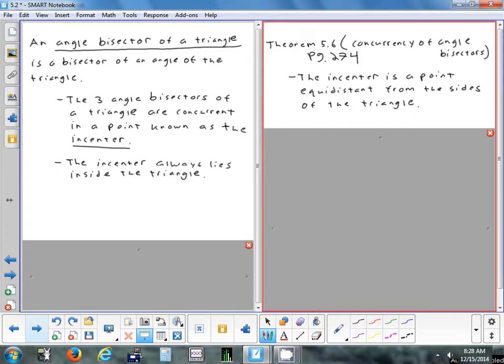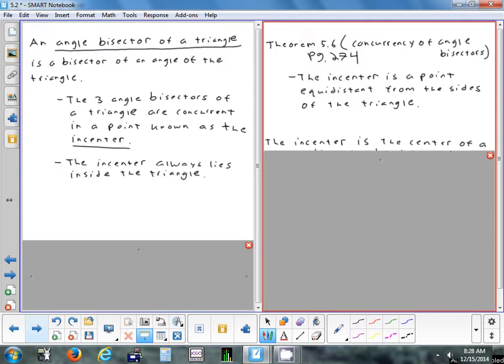Not from the vertices, but from the sides. And the incenter is also the center of a special circle. This time it's a circle that, if you draw it, ends up being inside the triangle. Basically, it's the largest circle you could possibly fit inside a triangle.